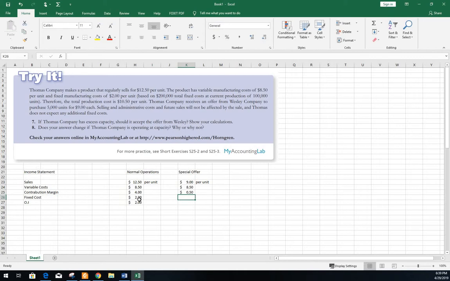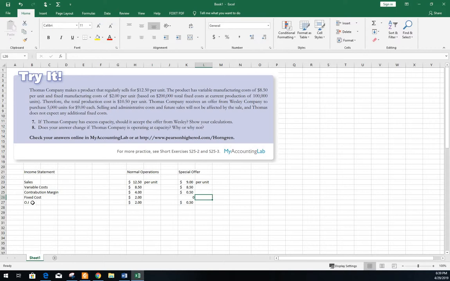So our fixed costs are going to stay the same. So under the special offer scenario, the fixed costs are zero. We do not have any fixed costs under the special offer scenario because they didn't say we incur additional fixed costs, and the fixed costs are already accounted for under the normal operations. So in that case, our operating income is still the 50 cents, the same 50 cents from the contribution margin in the special offer.